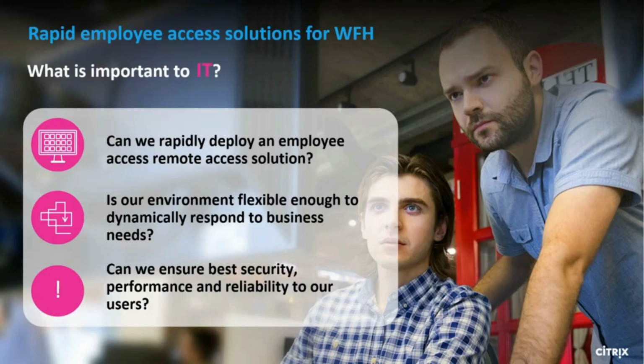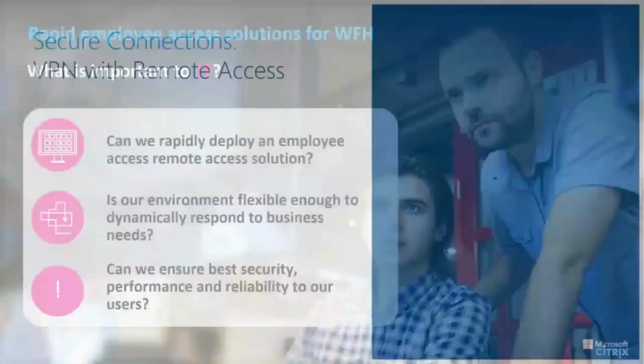Nowadays rapid deployment is very crucial. A fast response to business needs or environment change is the top priority for IT. Last, while we do it fast, we want to make sure of the best security, performance and reliability. These 3 key criteria are what we provide to our users. Those are the crucial things that IT is looking at.